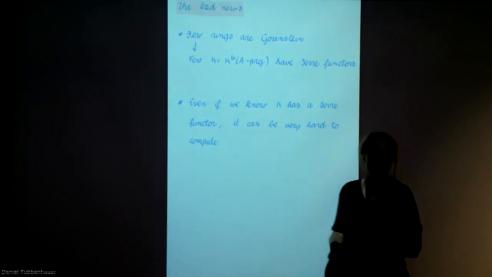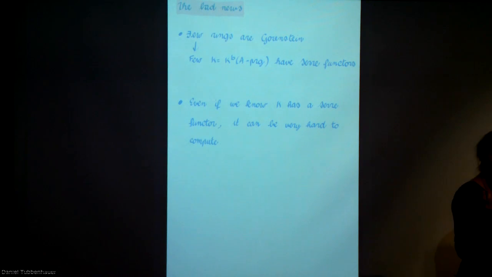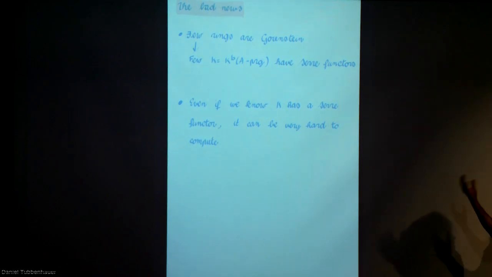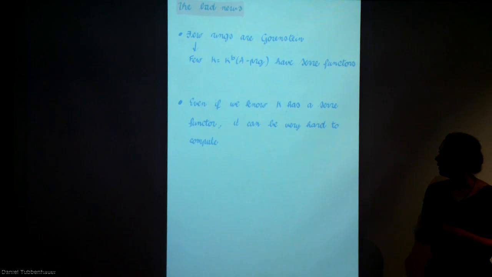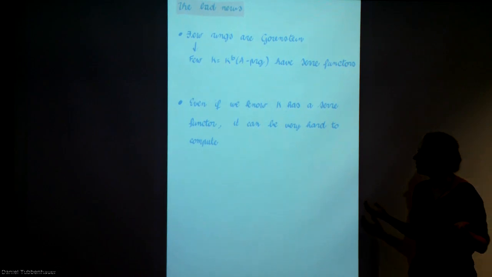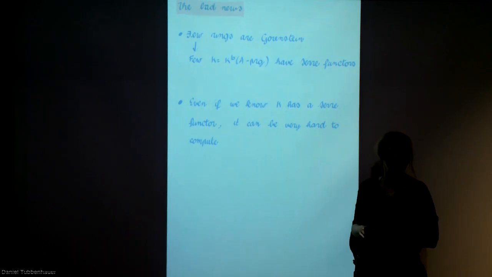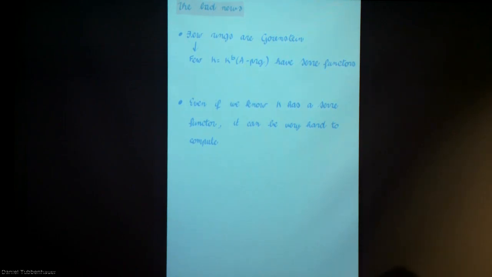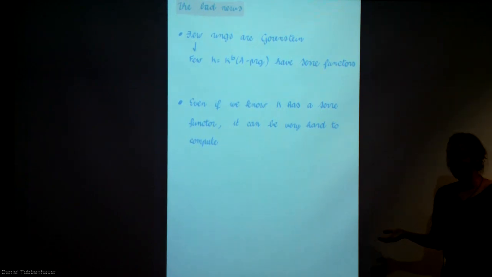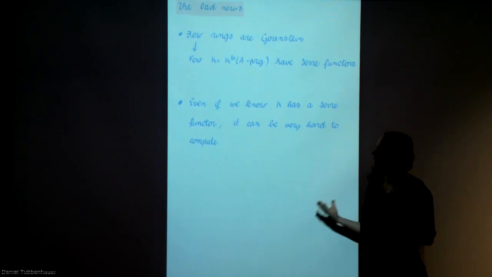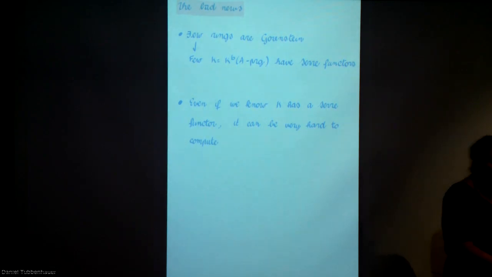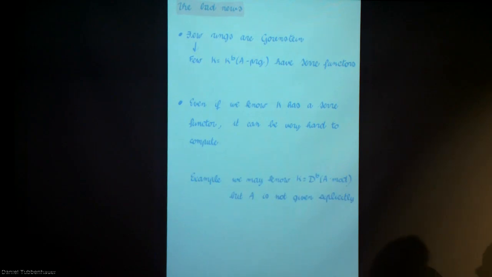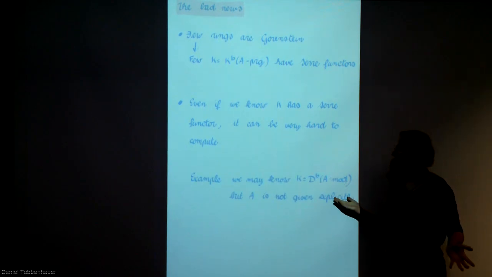For instance, you have established that some category is of the form derived category of A modules for some algebra of finite global dimension. So you know it has a Serre functor, but A is just some endomorphism algebra of some exceptional object in your category or something. You don't have an explicit description of it, and so you don't explicitly know what A is. That would be an example where it will be very hard to compute the Serre functor.